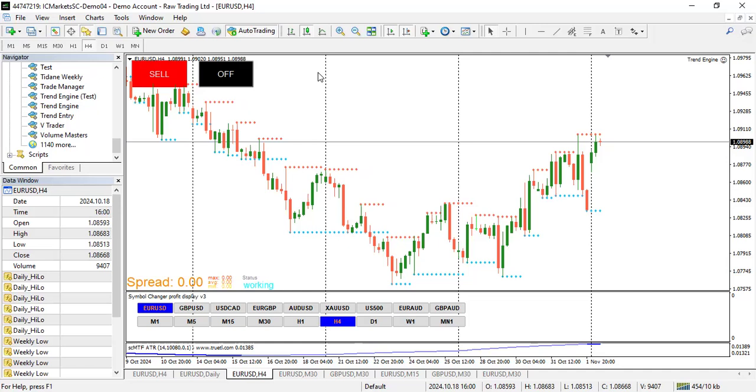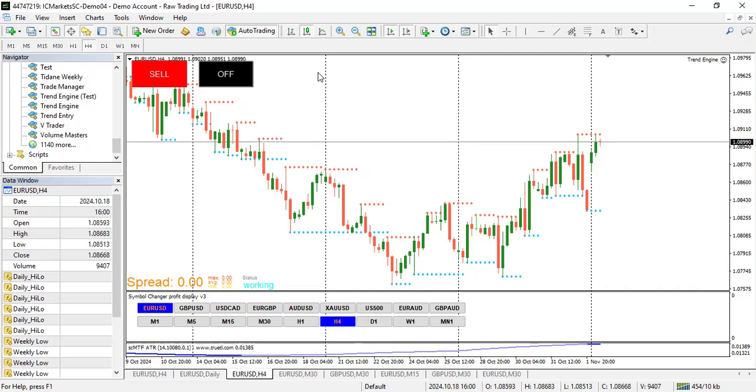It's not martingale, it's not doing any of those crazy things that can quickly run up an account. We're not just using random lot sizes. It's based on a percentage of your balance, right? It's based on the trades it is taking.